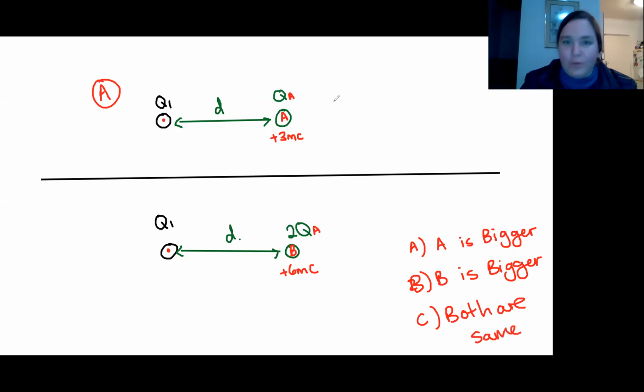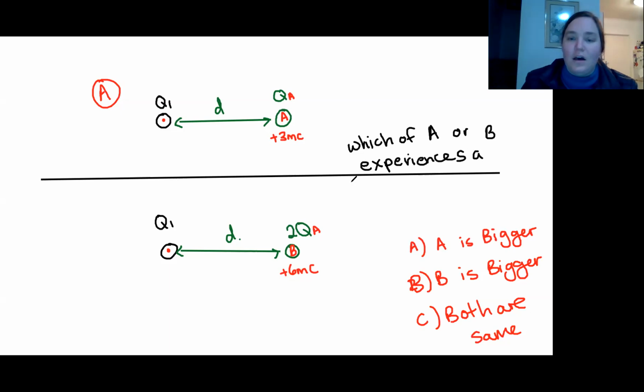I want you to think very hard. The first question is which of the charges, A or B, experiences a larger electric field strength, or electric field, at the point.